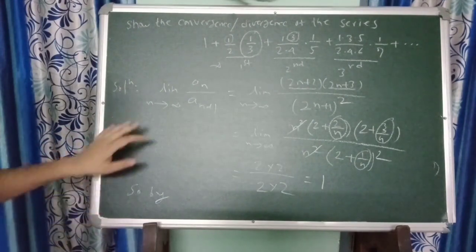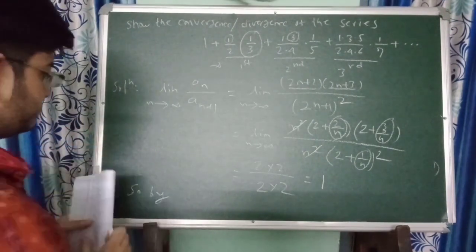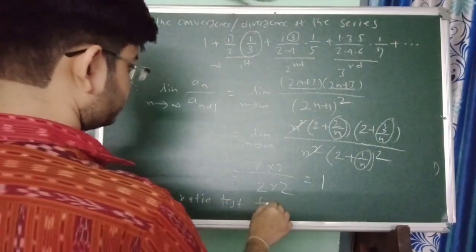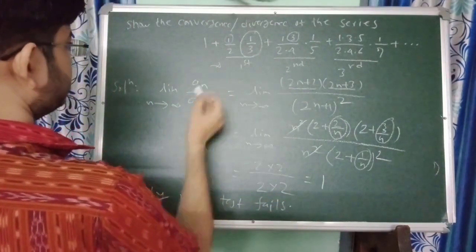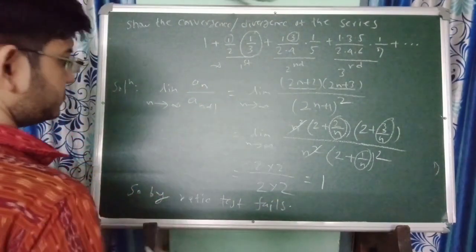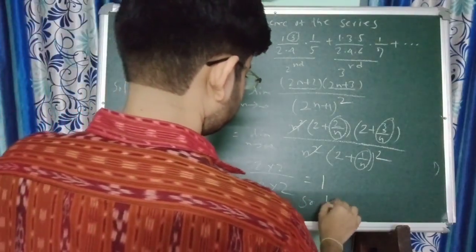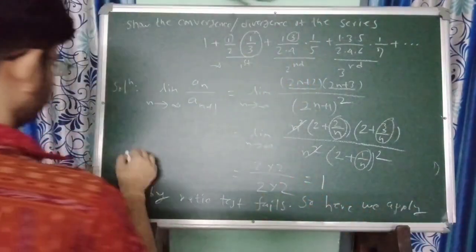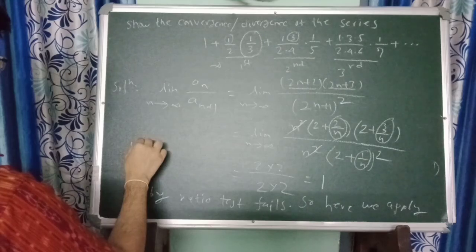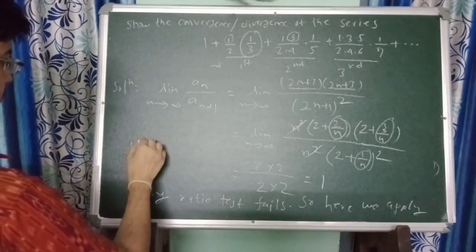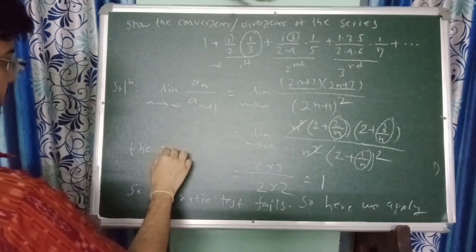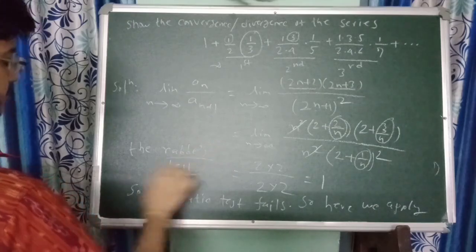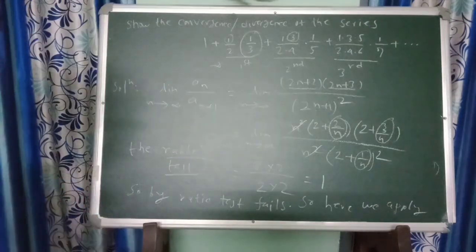So here it is the drawback of the ratio test. The ratio test tells us nothing here, since the limiting value of a_n divided by a_(n plus 1) is 1. So here we apply the Raabe test. So we proceed with the Raabe test here.